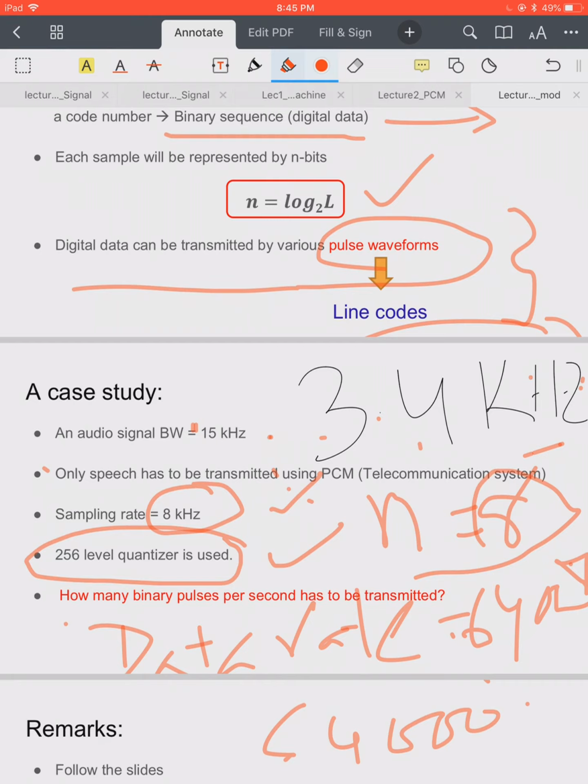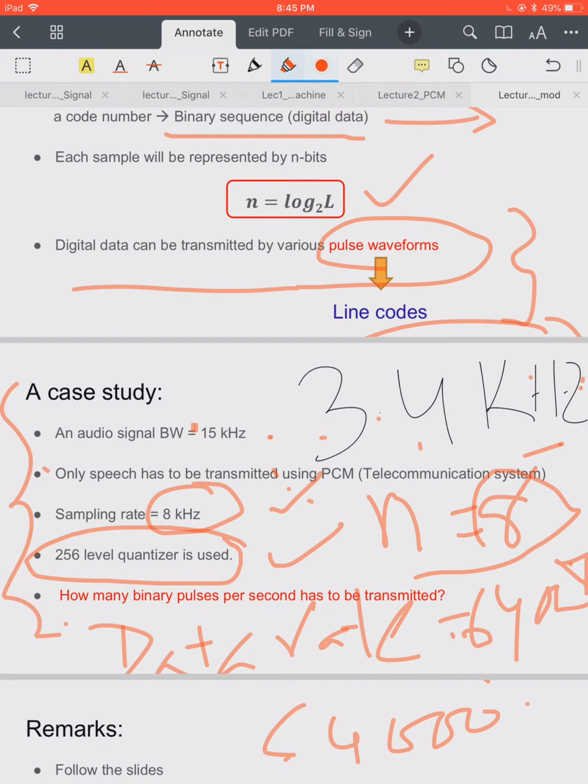So if it is a telecommunication system, my telephone signal requires 64,000 binary pulses per second, 64 kilobits per second. This is one case study of PCM.